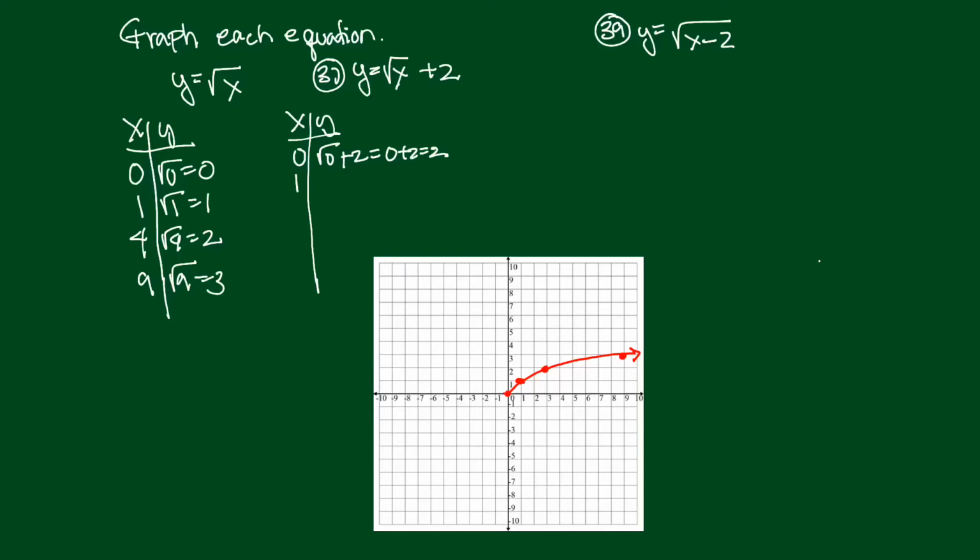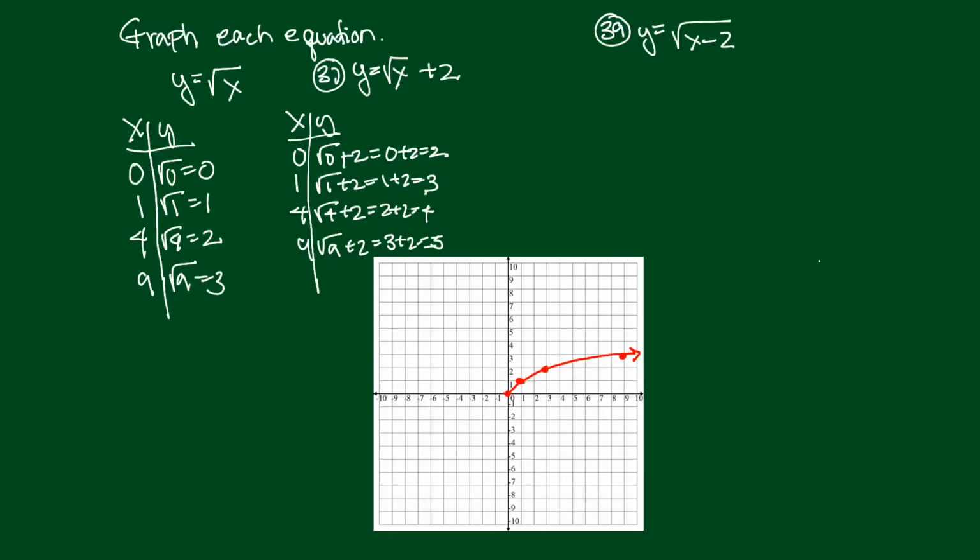You put in a 1, you get the square root of 1 plus 2, which is 1 plus 2, which is 3. Put in a 4, because I know that square root. Square root of 4 plus 2, that's 2 plus 2, which is 4. And try another one at 9. Square root of 9 plus 2. That's 3 plus 2, which is 5.